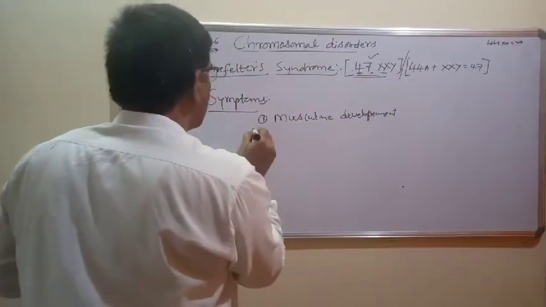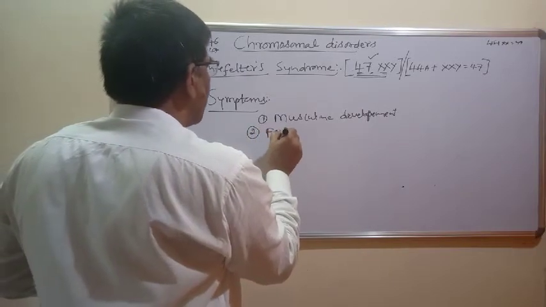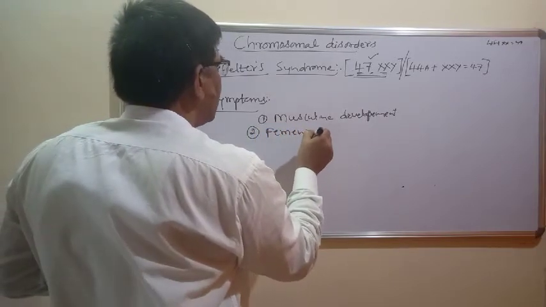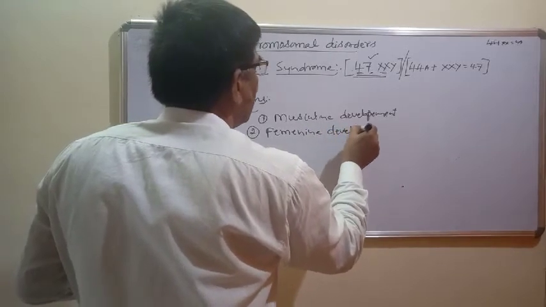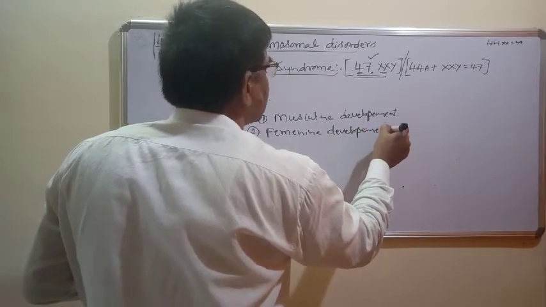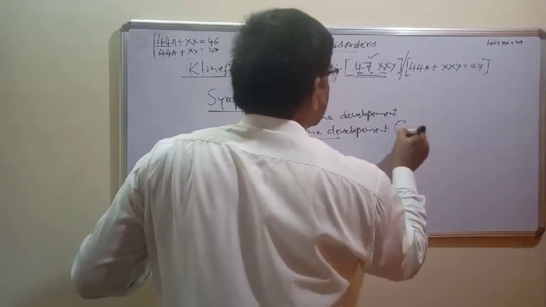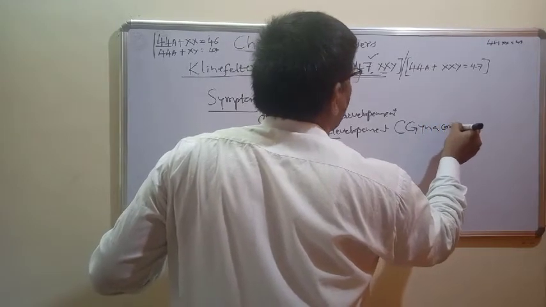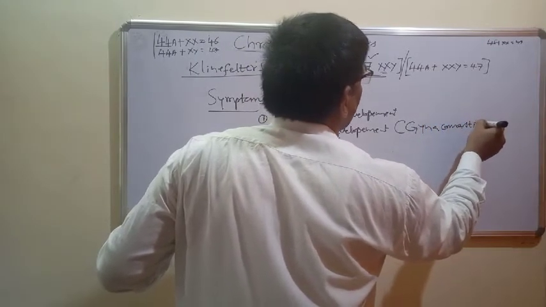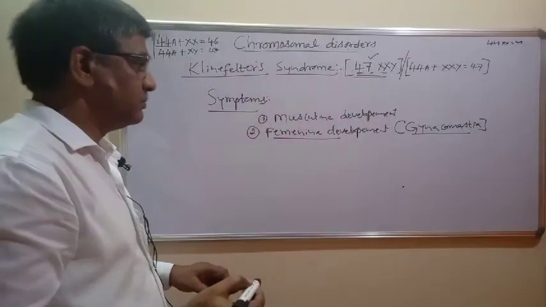Overall masculine development is one of the characteristics, and another one is feminine development. Feminine characteristics are developed. Feminine development means development of female characteristics, particularly gynecomastia. Gynecomastia is developed in case of a male.